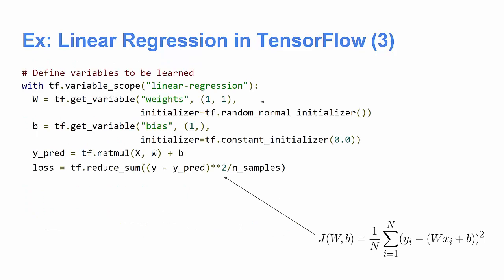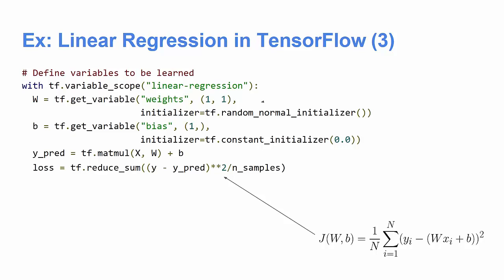After that we define the variables: weight, a tf.Variable initialized with a random value of shape (1, 1). Similarly bias, which is initialized with constant value 0 and is of shape 1.